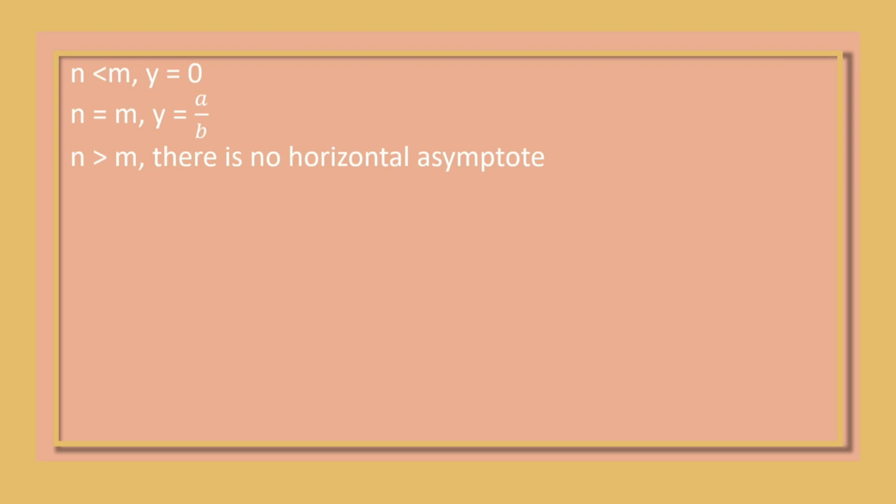How about the range? So, using method number 2, using the value of the horizontal asymptote, we use the expanded form. F of x is equal to 3x minus 9 divided by x squared minus x minus 6. So, what is the value of n?